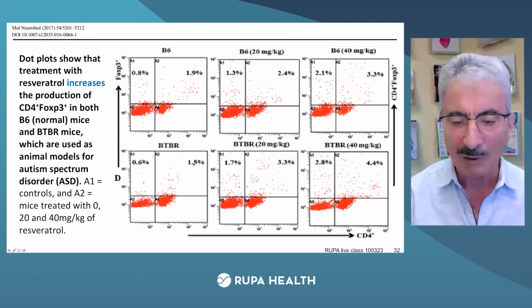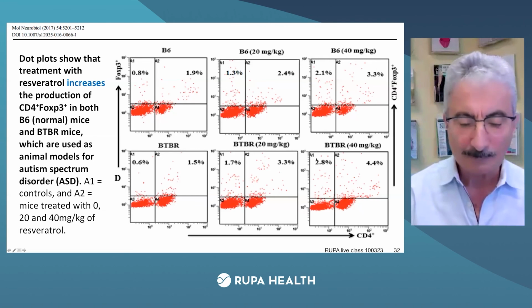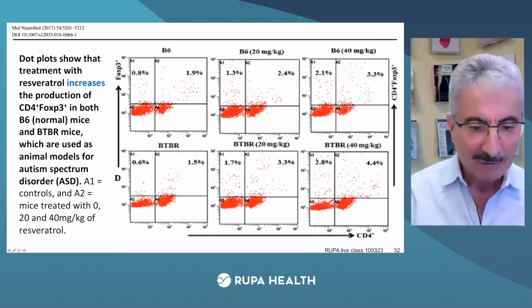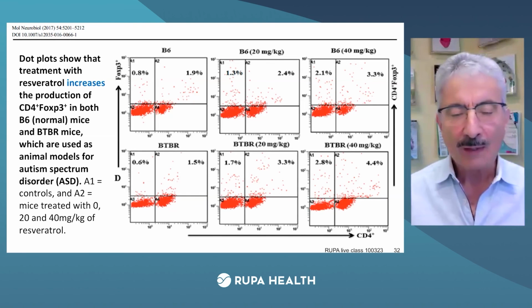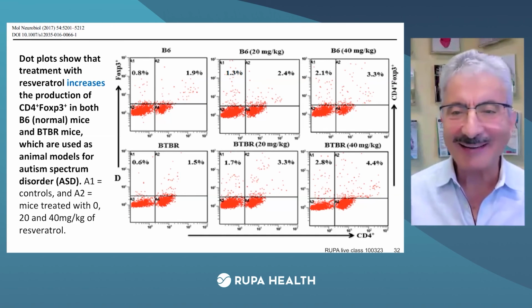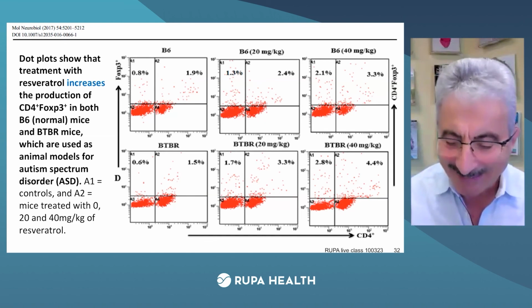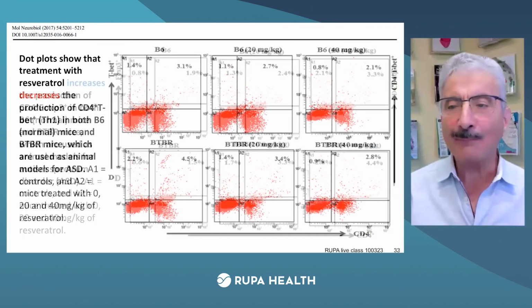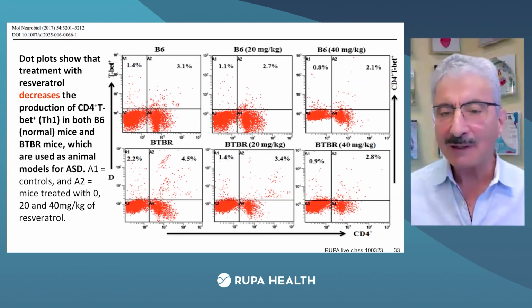In this case, from 1.5% to almost threefold, 4.4%. Resveratrol and many other nutritional remedies can increase the number of regulatory T cells and decrease the number of T helper 1 and T helper 17.